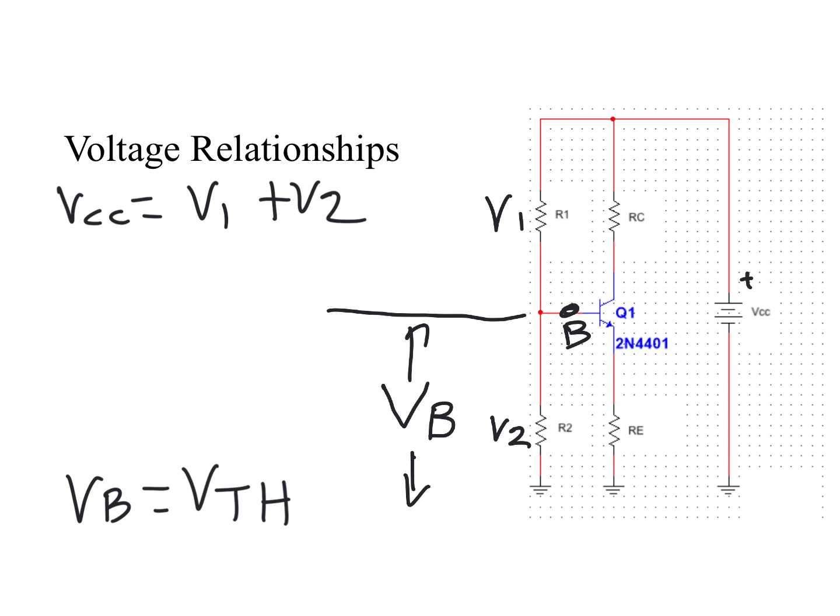The next voltage here is the emitter voltage, VE. That's the voltage from the emitter down to the ground. This is VC, the voltage from the collector down to the ground.